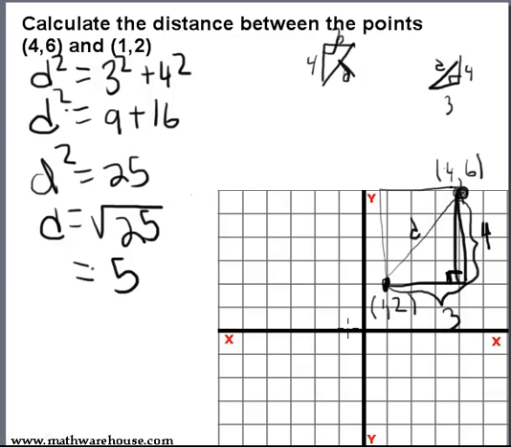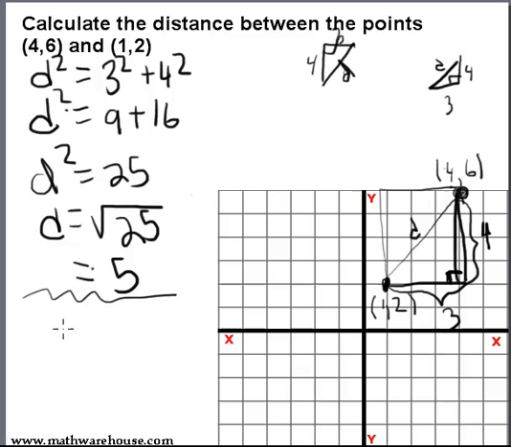Alright, so this works great whenever the points are sort of close together and you have graph paper handy. How can we find the distance between points that are further apart, that are not so convenient to graph? Let's look at how we found 4, the side that goes up and down. 4 is really 6 minus 2, or y2 minus y1, right?